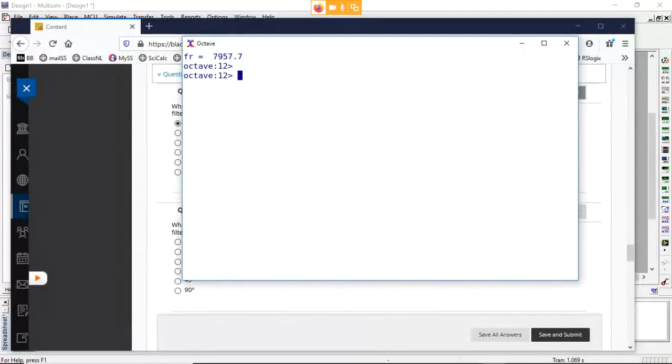There it is. Okay. So we got 1 over 2 times pi times R, which was 1,000, times 0.02 e to the minus 6. Okay. And so that gives us our frequency here to be 7.96 kilohertz.